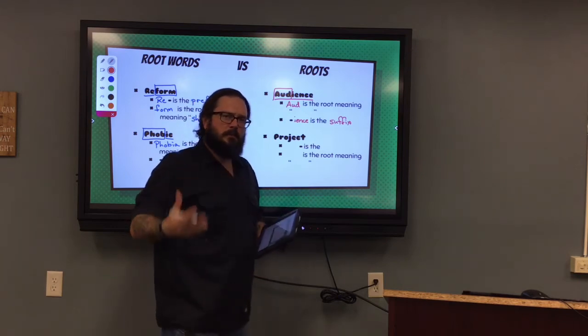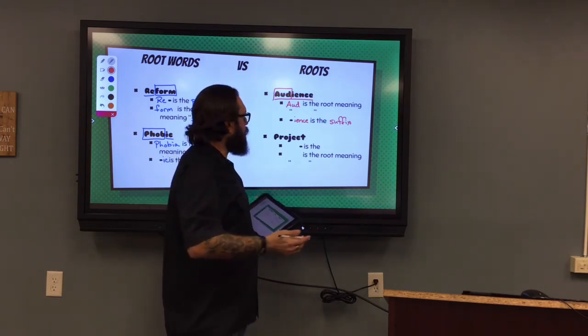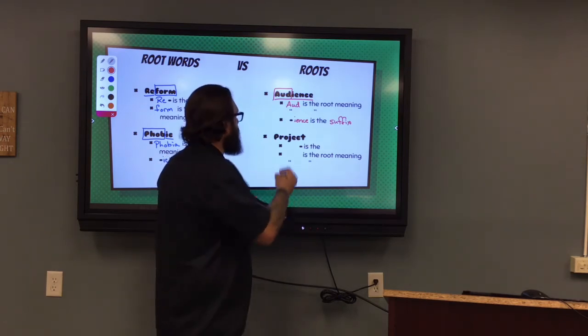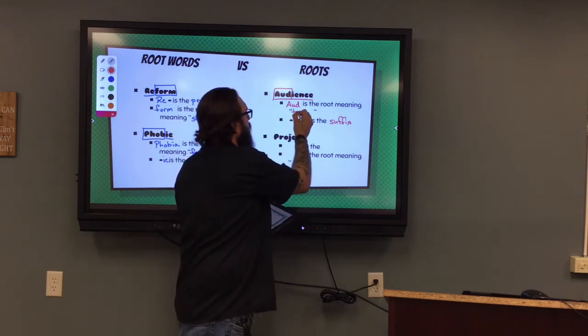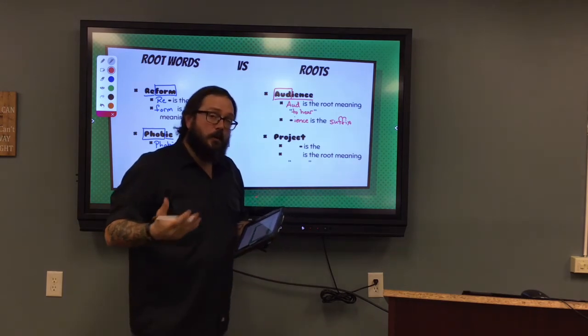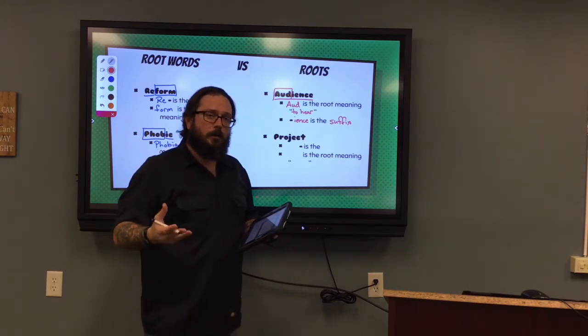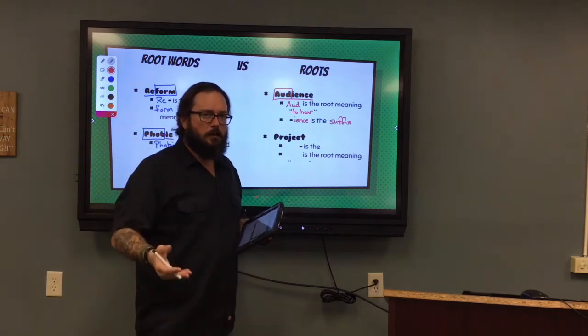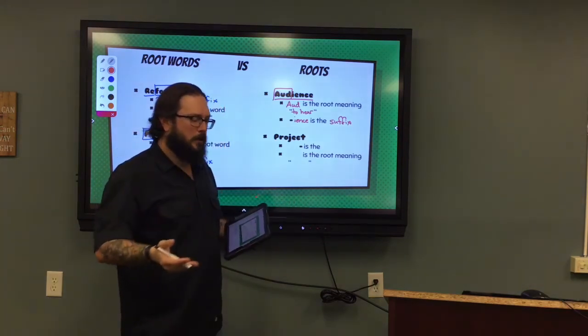Odd, of course, cannot stand alone, and it means to hear. So if we think of audio, audio is something that we hear. The root word is odd, aud.